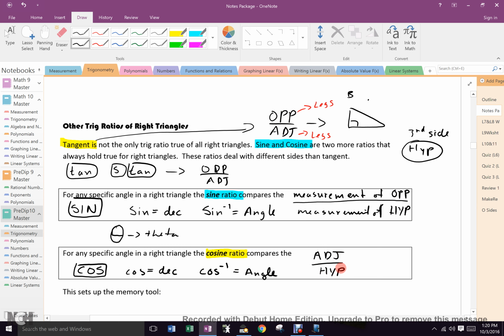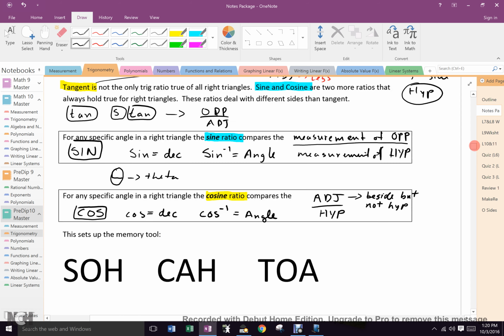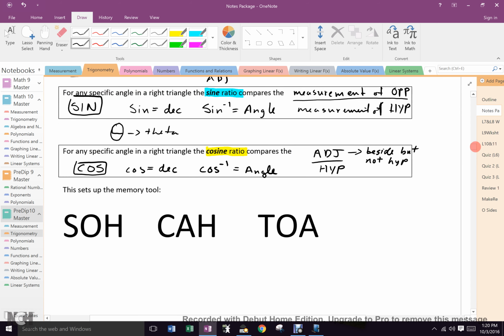Now I need to remind you of the fact that adjacent means beside, but not the hypotenuse, because the hypotenuse is beside both other angles, isn't it? This sets up this little pretend fake word that if you did trig last year, your teacher used. If you didn't, you're going to hear it for the first time now.